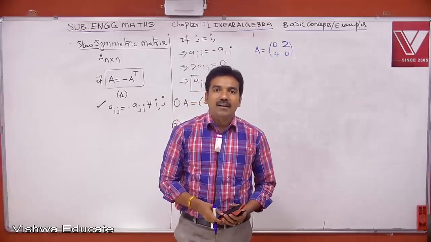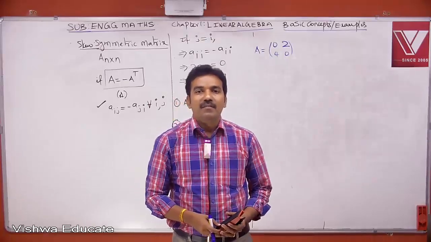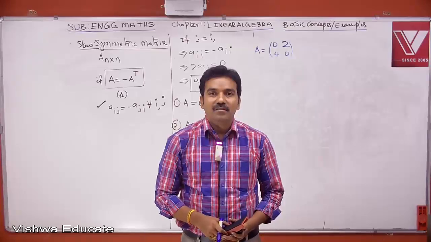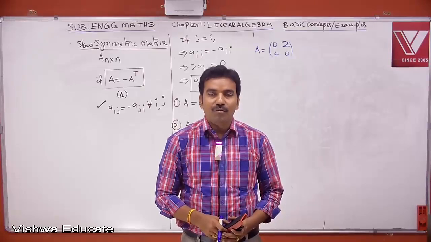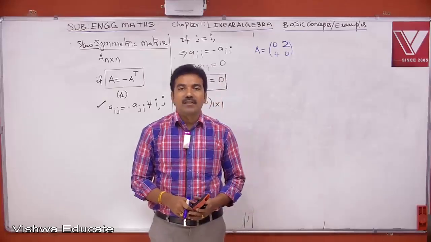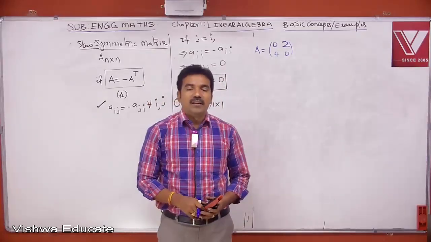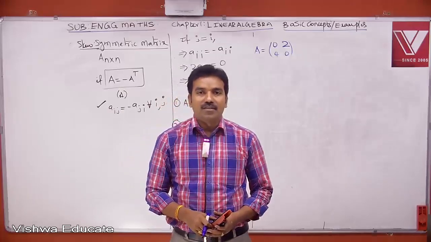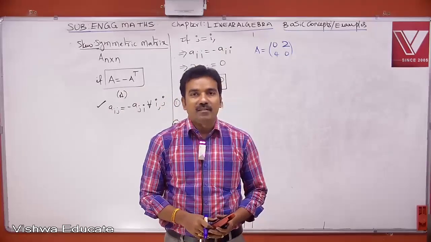If at least one diagonal element of a square matrix is not equal to 0, then the matrix is not skew symmetric.